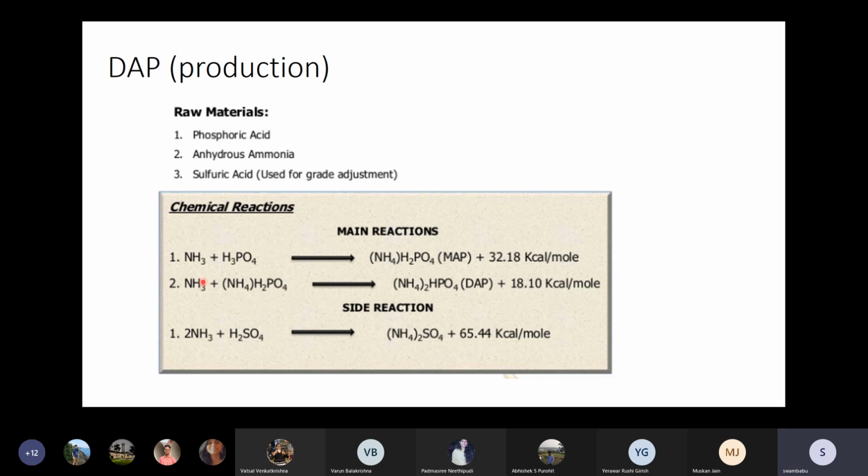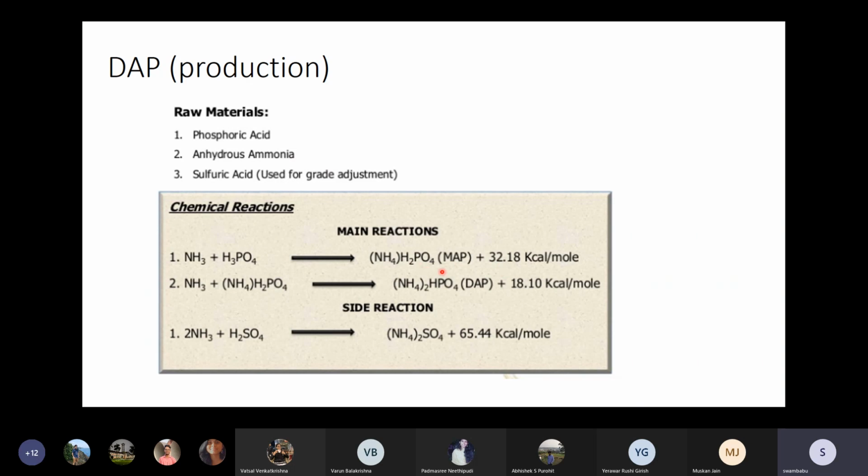So these are the reactions. Diammonium phosphate is produced from ammonia and phosphoric acid. We have already seen the ammonia production process and the phosphoric acid production process. So ammonia from the ammonia plant and phosphoric acid from the wet chemical or thermal method both come and react and produce monoammonium phosphate, NH4H2PO4, MAP, and it liberates heat, an exothermic reaction.